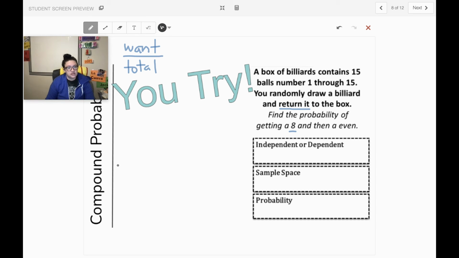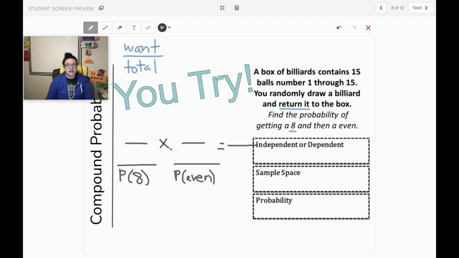Ooh. So what's the first thing I'm trying to find? The probability of an 8. And then I want to know the probability of it being even. I want to know the probability of the ball being an even number. What do I have to do with those two fractions, with those two probabilities?